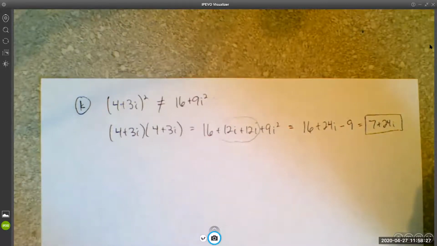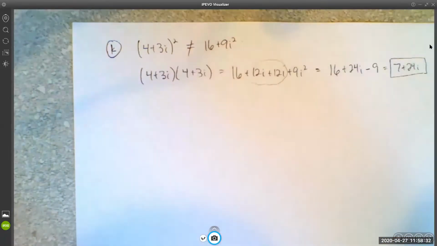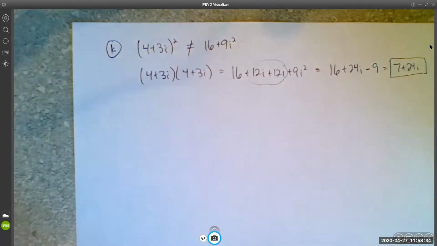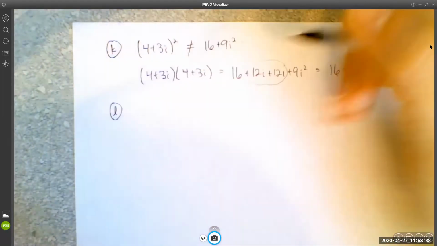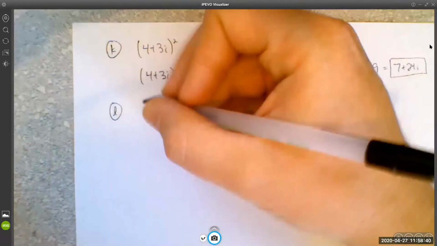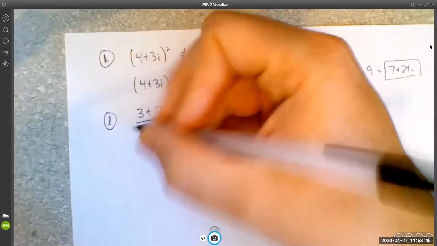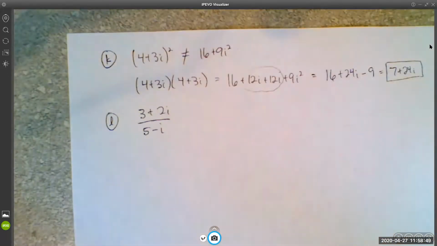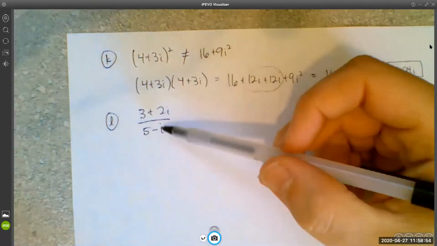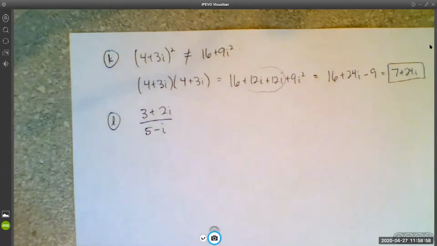The one thing that does work a little bit different with complex numbers than when you're just working with a normal algebraic expression is division. With algebraic expressions, we usually do long division or something like that. Here we're going to employ a different strategy. When we want to divide two complex numbers, we multiply by the conjugate of the denominator.